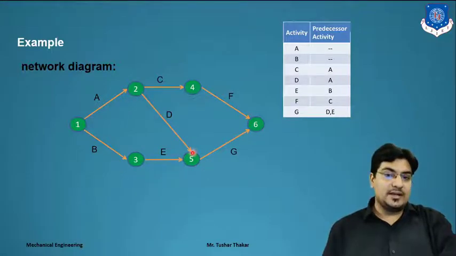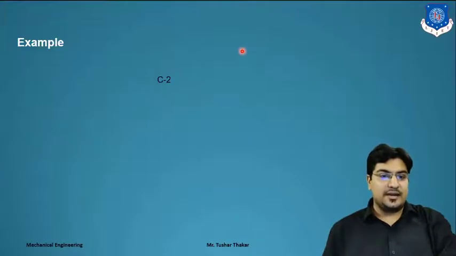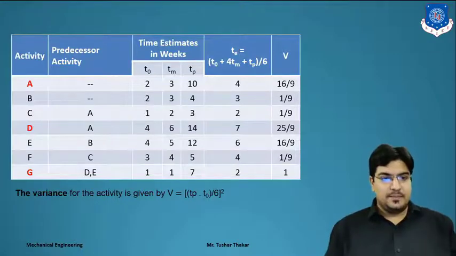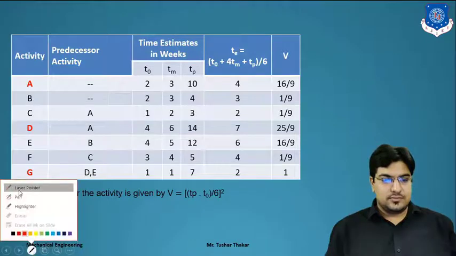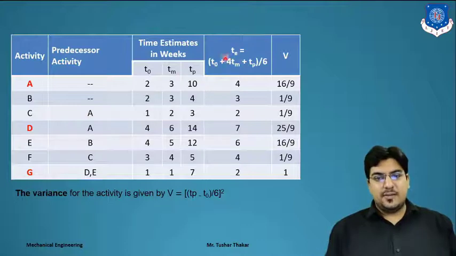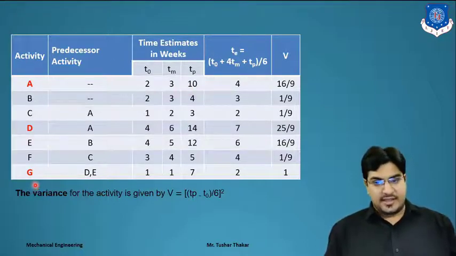Now we calculate the expected time. So here we find out the TE. What is the meaning of TE? That is expected time, and the expected time equation is TO plus 4TM plus TP divided by 6. Here all the TO, TM and TP values are given, so according to that we find the TE for all the activities, right?